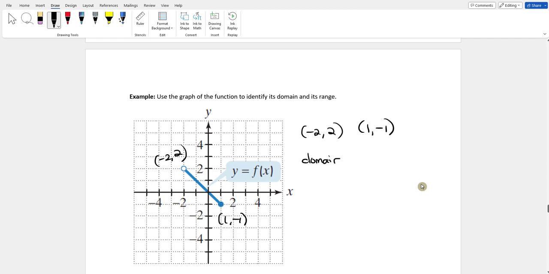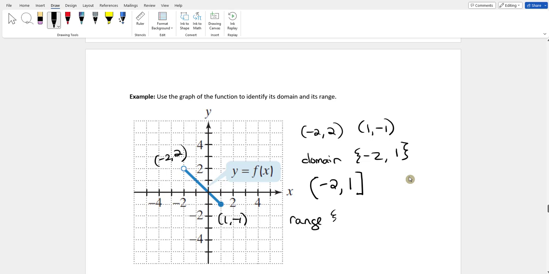The domain, remember, will just be your x values. So we're going to use a parenthesis here for negative 2, and this 1 over here is a closed circle, so we're going to put 1 and a bracket.